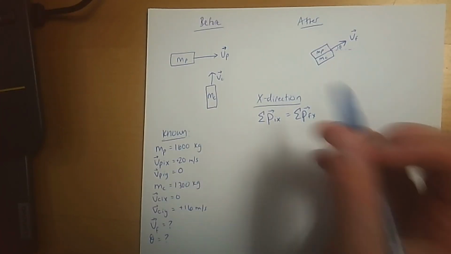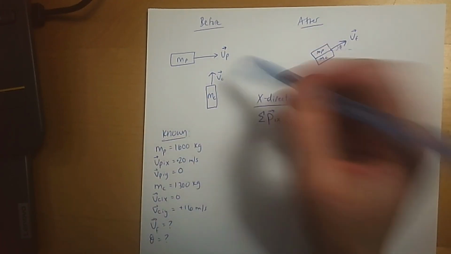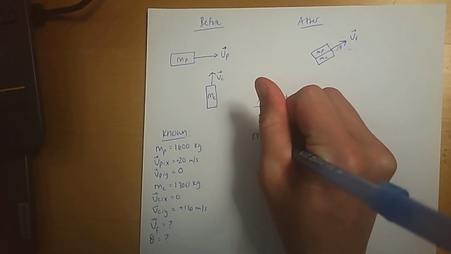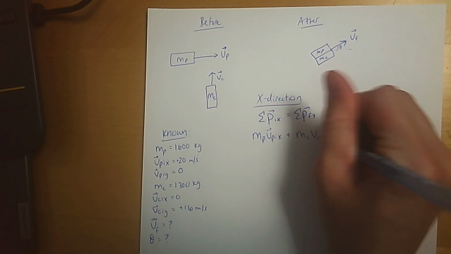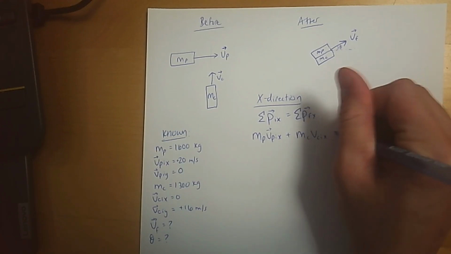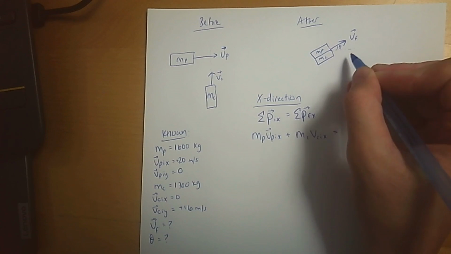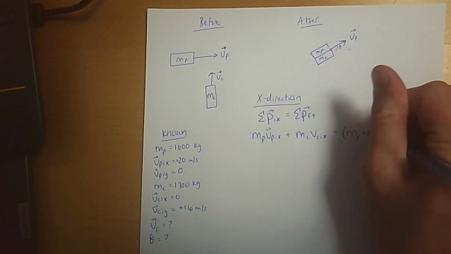So now I'll plug in. The initial x momentum would be this car's x momentum plus this car's x momentum. So we'll do mP times vPIx plus mC times vCIx. And that equals the x component of this momentum over here. So that would be our pickup and our car.